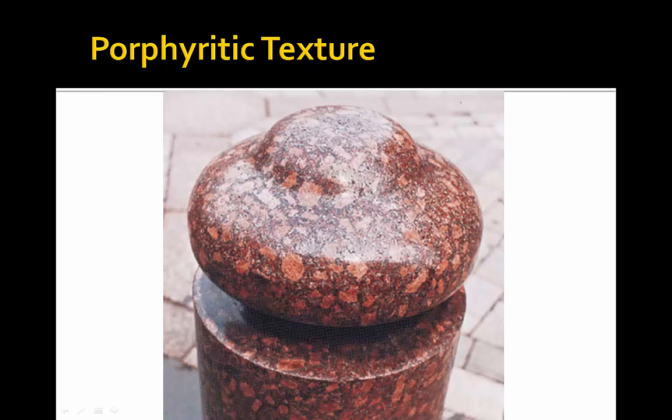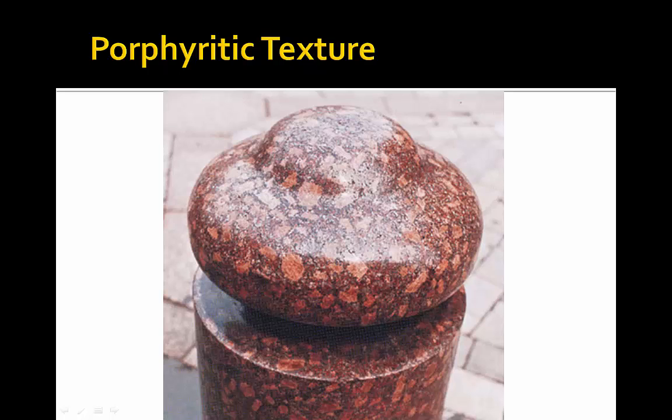Now in this case, we have a combination of two different crystal sizes. It's called a porphyritic texture. Within this particular rock, we have small crystals and we have much larger crystals. Now your first thought might be, well, that doesn't make sense, because we know that large crystals form deep within the earth where the magma is cooling very slowly. And those small crystals form near the surface where the magma is cooling more quickly.